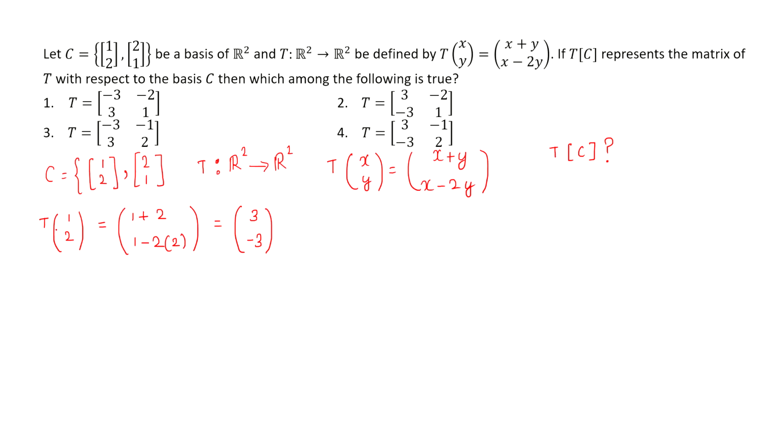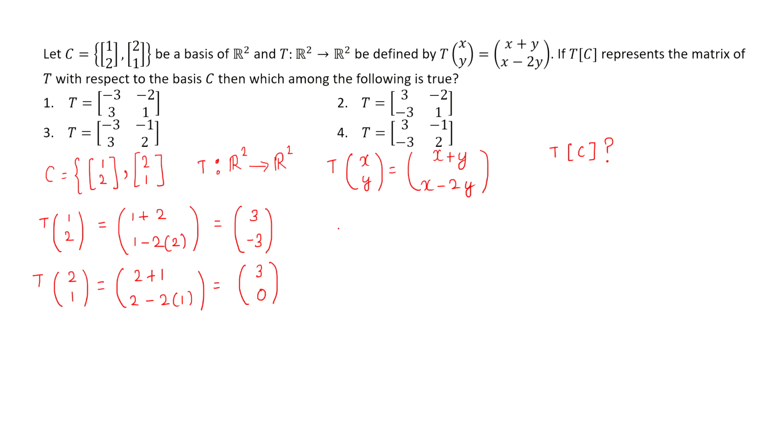This is the image of (1,2) under T. Similarly, T(2,1) is (2+1, 2−2·1), so this equals (3, 0). This is the image of (2,1).